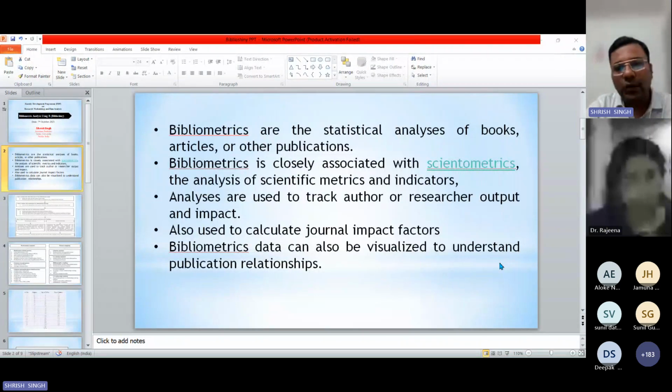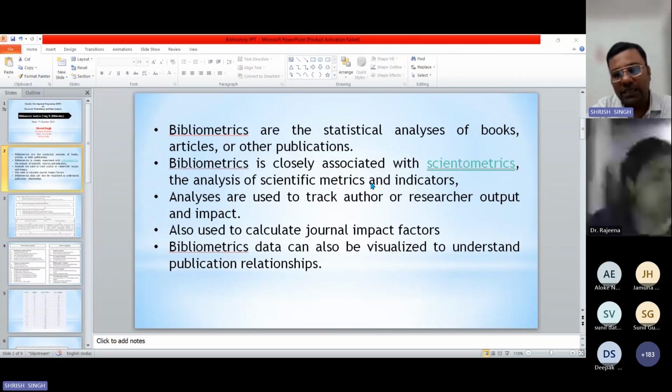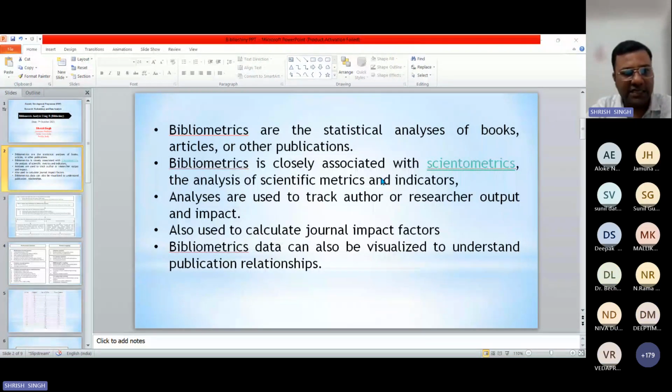This slide includes some basic introduction of bibliometric analysis, meaning what it is exactly and what we will be doing in bibliometric analysis. If you are interested, I'll share this slide with you all, so you can go through it. If you have any doubt, at the end you can post your questions in the chat box and I'll respond accordingly.